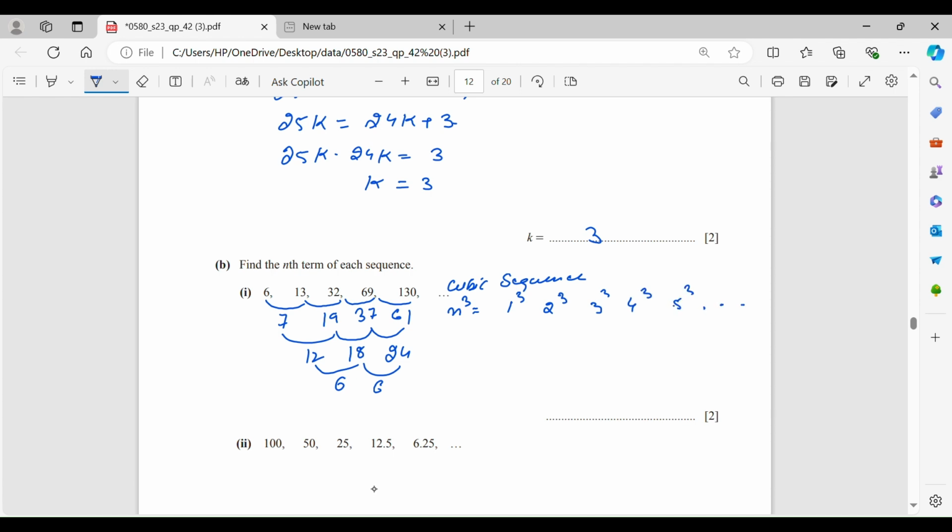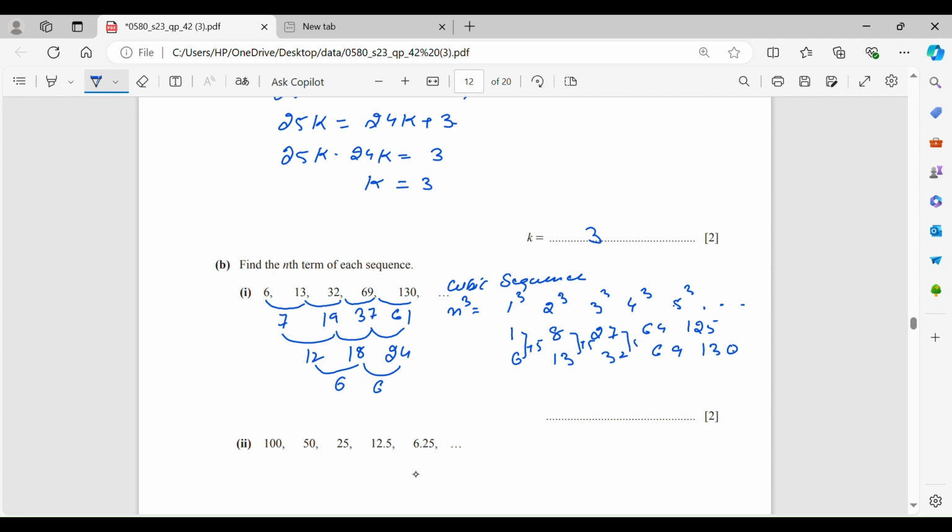So 1 cube is 1, next 2 cube is 8, 27, 64, 125, and we have 6, 13, 32, 69, and 130. Right, so the difference between them is plus 5.